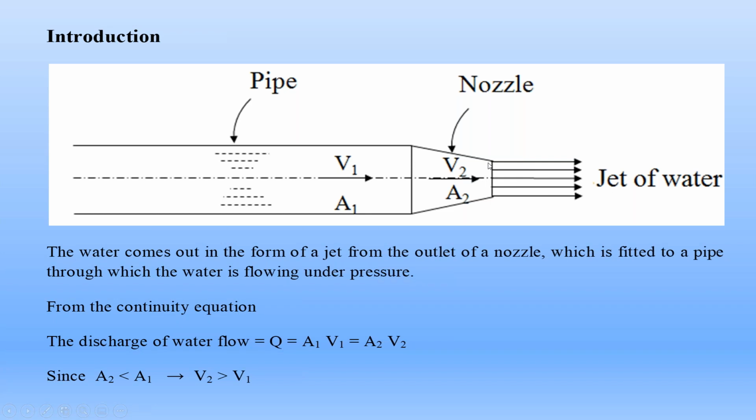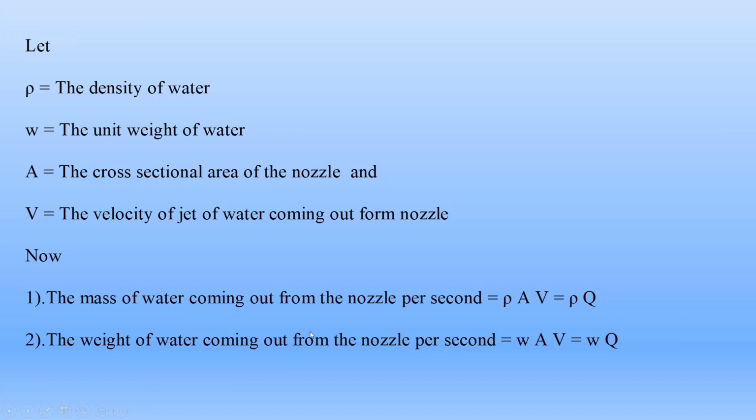From this end of the nozzle, the mass of water jet coming out per second is given by rho A V. Please catch this carefully: per second means the mass of water jet coming out from the nozzle divided by time.